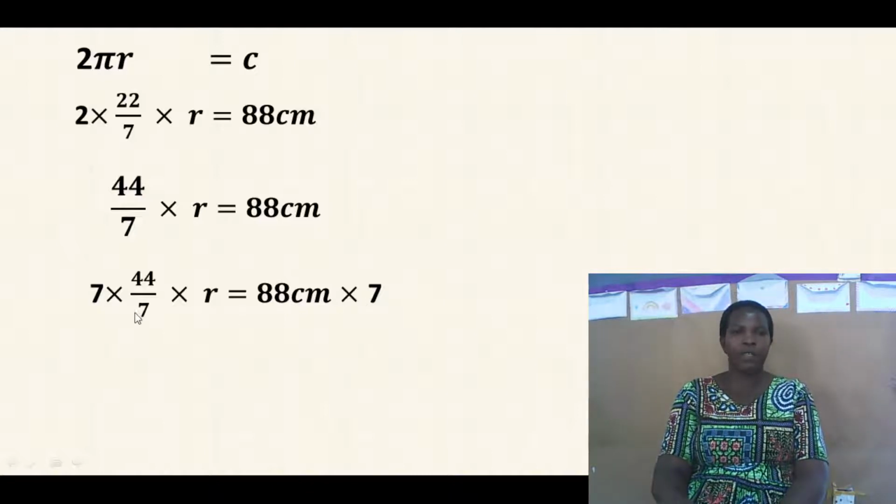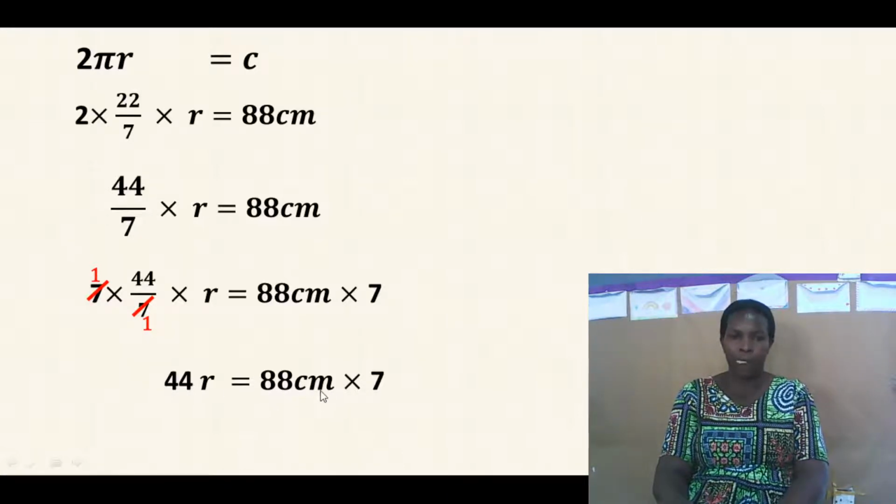So at this very stage, we shall cancel 7 divided by 7, we shall come up with a 1. So my dear boys and girls, we shall now have 44 times r, which is 44r, being equal to 88 centimeters times 7.